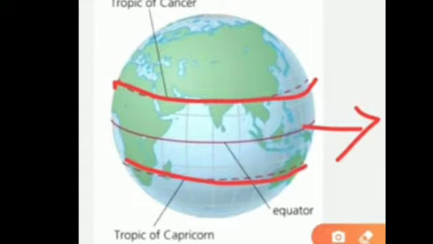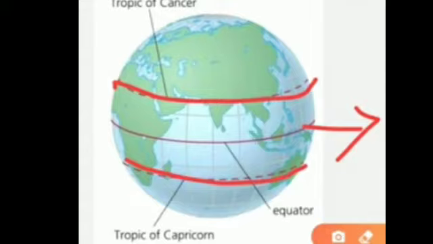Now what happened over here, students, in this region? As the sun rays fall straight in a perpendicular direction, the temperature in this particular region, what happened? It gets heated.